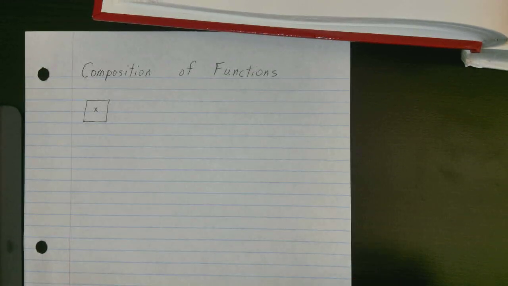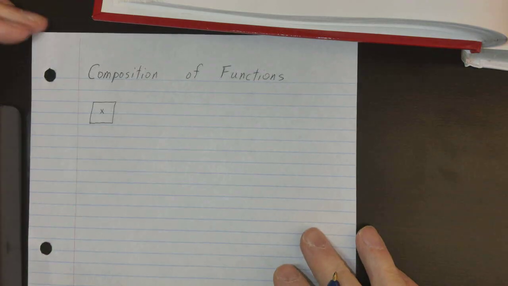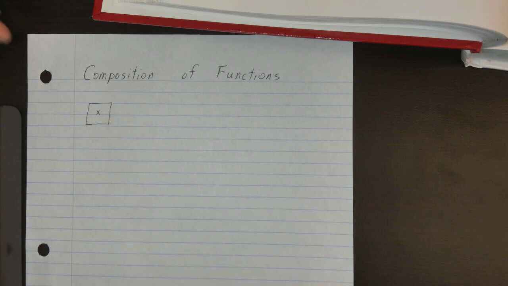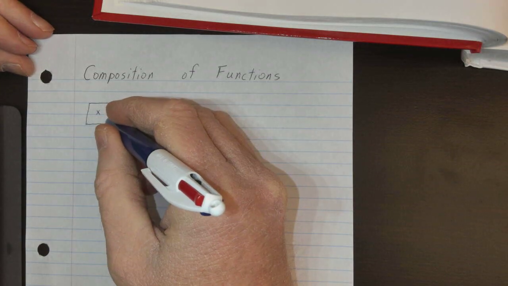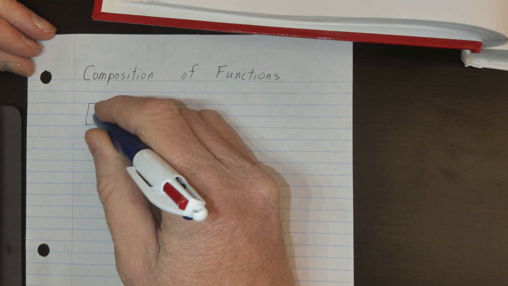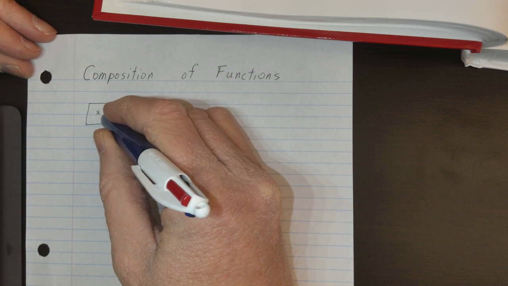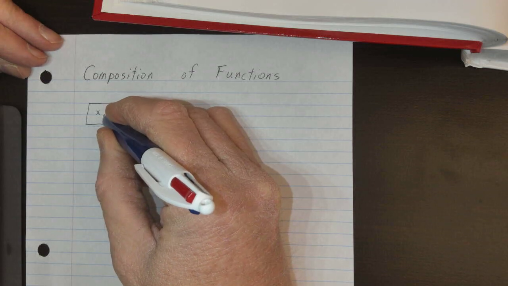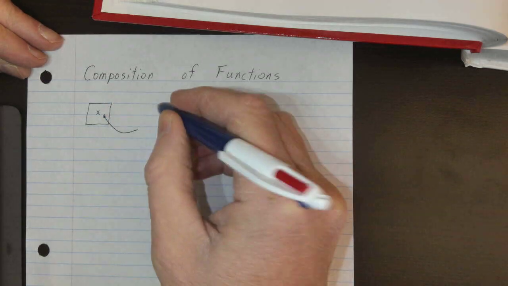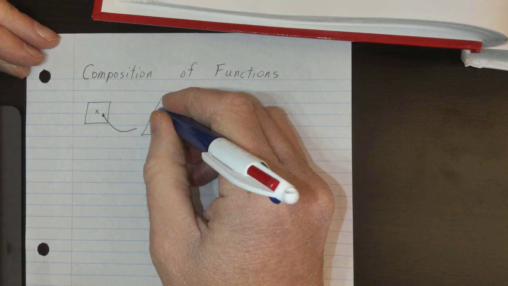Well, hi everyone. We have the lesson for composition of functions, and I just want to draw an illustration of it. I have a certain domain here, X, that a point inside here can go to, let me just draw something, a function called g of x.